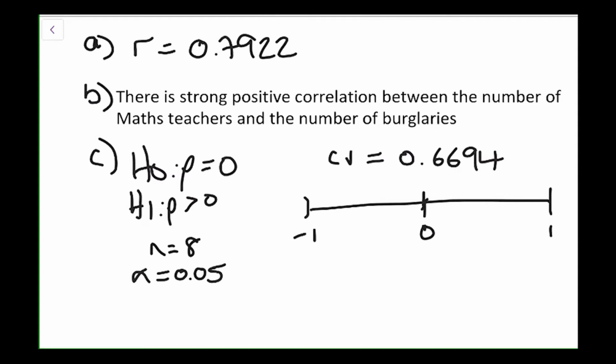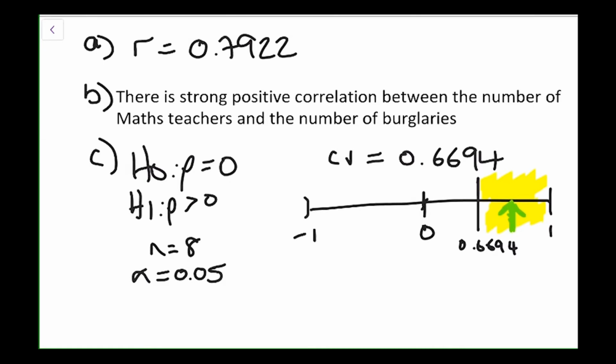We have our boundary here at 0.6694. Any correlation coefficient we calculate in this shaded region would suggest that there is evidence of positive correlation, would suggest that we can reject H0. We've already calculated our correlation coefficient. 0.7922 is stronger than our boundary value, stronger correlation than our critical value.